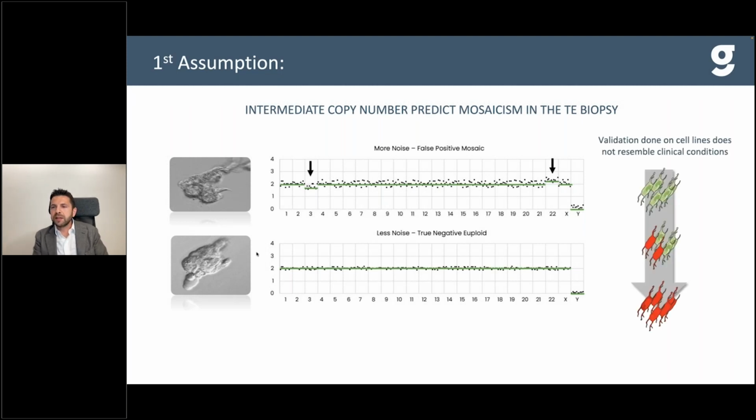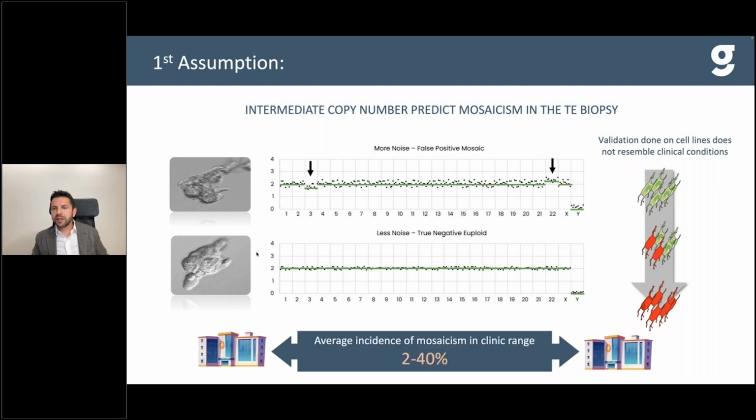Another important consideration is that the mosaicism thresholds are usually defined based on validations of cell lines. We mimic mosaicism by mixing euploid and abnormal cells in different proportions, and then we set thresholds based on the outcomes and the profiles that we get from this type of analysis, which is, of course, very different from what happens in reality, in the clinical scenario. These cells are very stable. This model is extremely reproducible and is not really mirroring what happens in clinical practice, where we are exposed to a higher level of variability.